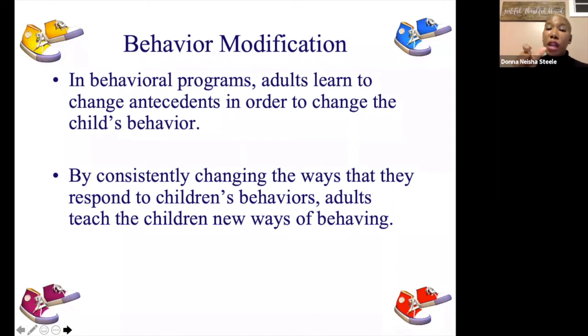But you see how, by consistently doing a particular thing, naturally we're going to want to do something that will positively reinforce the good behavior. So by consistently changing the ways that you as an adult respond to the children's behavior, you teach new behavior. So that is what this one is saying.